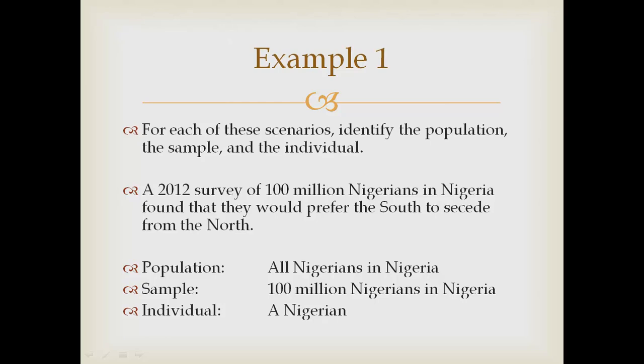So in this case, the population will be the entire Nigerians, all the Nigerian people in Nigeria. And then the sample will be the 100 million Nigerians in Nigeria, because that was the people that actually participated in the survey. And the individual will be just a Nigerian. Okay?